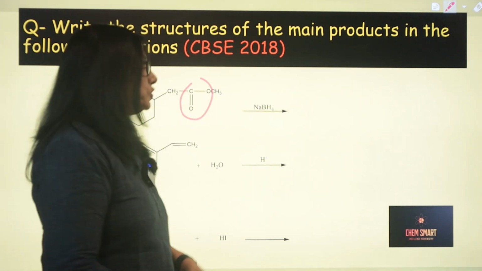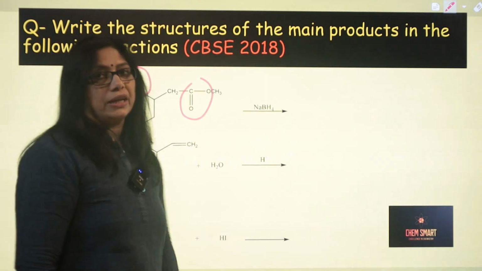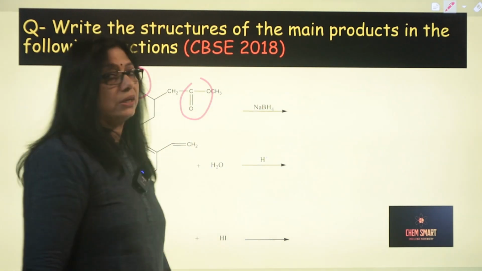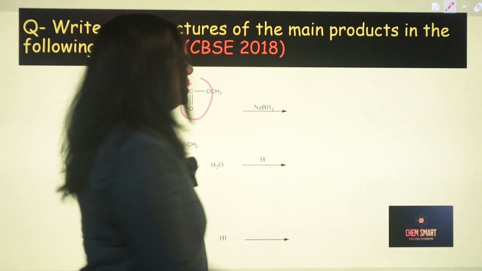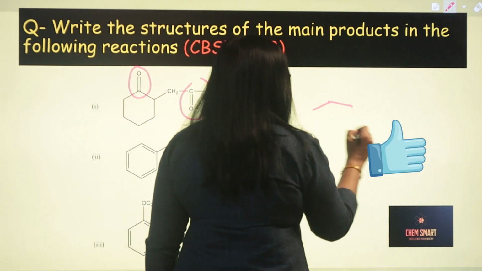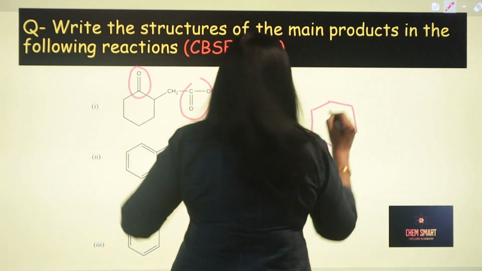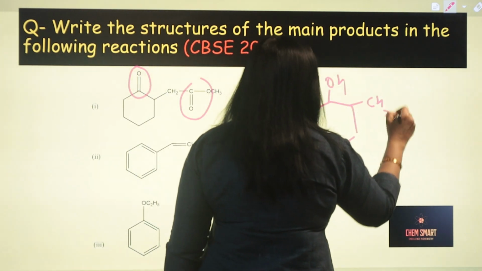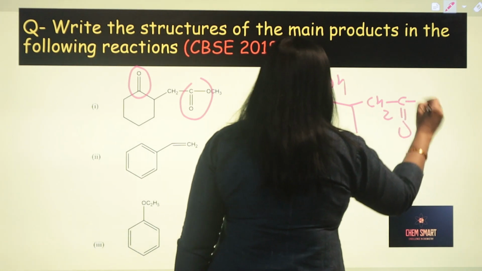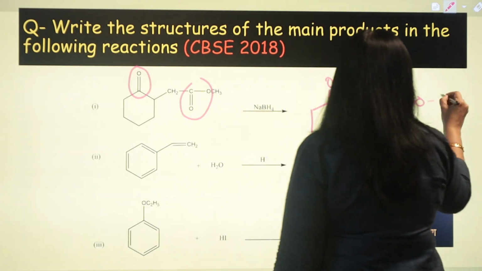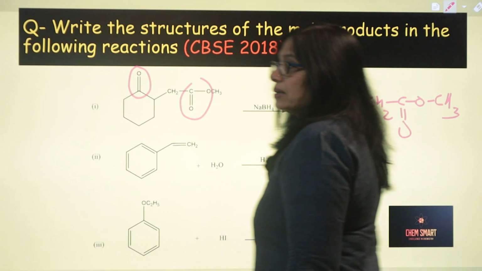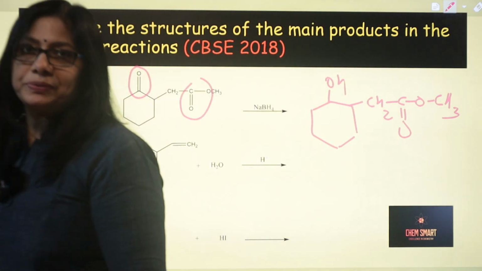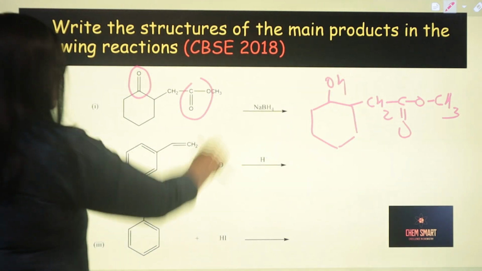I have told you before also, it is not reducing the ester linkage, but preferentially reducing the ketonic part. So the ketonic part will change into a secondary alcoholic group and this will remain as such. This is from the textbook. Same question is there in your textbook. Clear? So this is the answer.